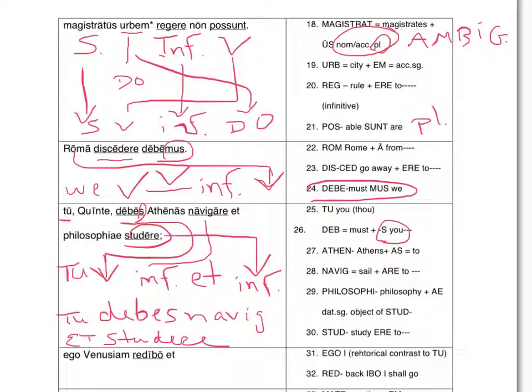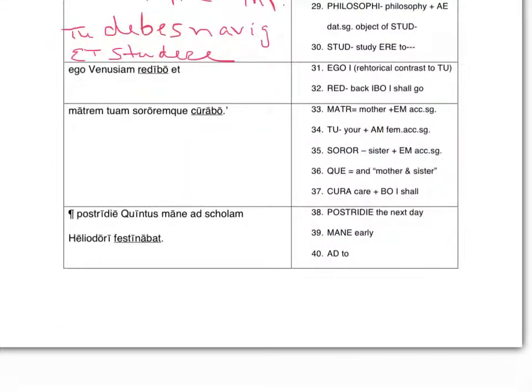Okay, so next page. Ego Venusiam redibo. So for rhetorical contrast, he says ego. Before he said tu. Now he says ego. You, and then he says what you should do. Now he says what I will do. Ego, and then the verb is redibo.